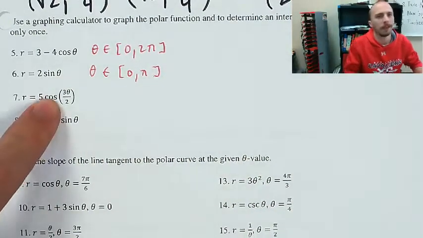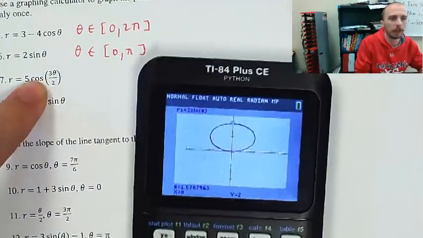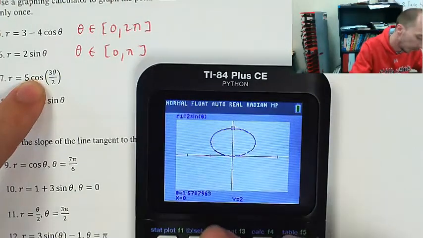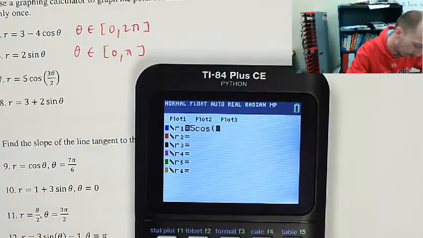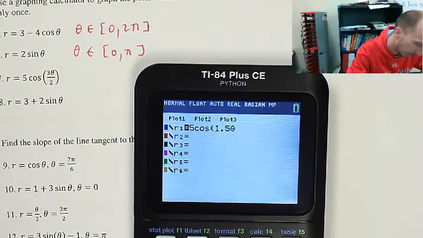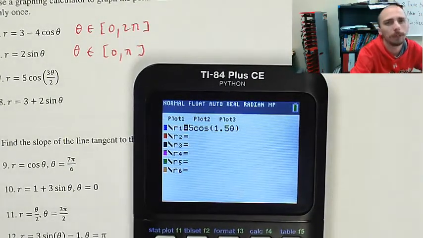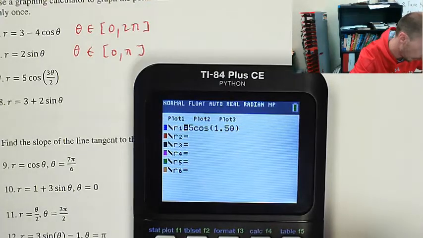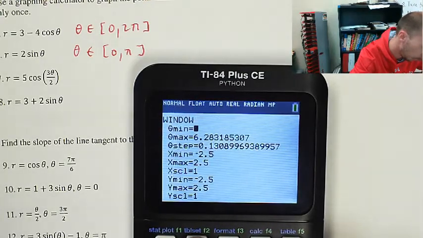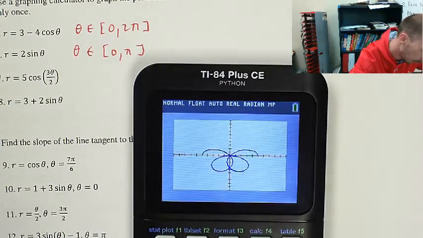That's telling me it traces on 0 to pi. Okay. If this was a thing you needed to find the area inside, you would probably be able to, hold on just a second. It would probably give you the bounds of integration, I really think. I don't know what this is going to look like. Window 0 to 6.28. I'm going to zoom standard.